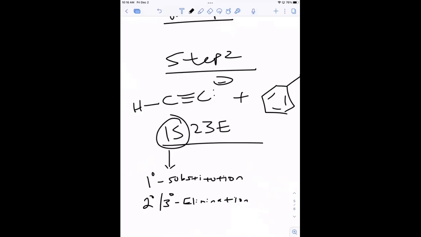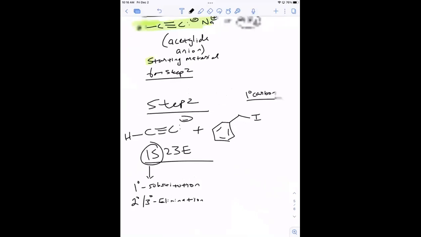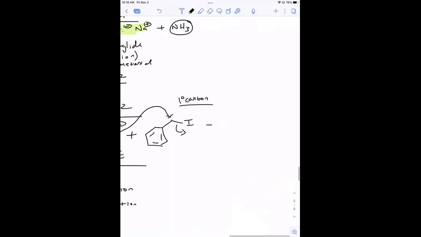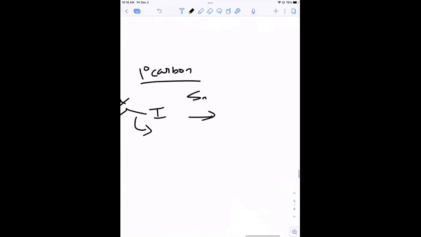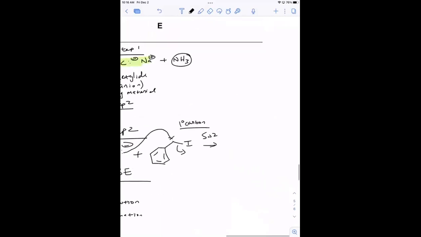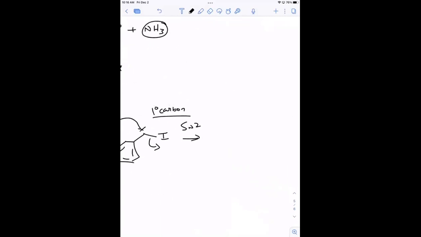All right, so in this case, I'm going to do a substitution where this is going to attack that alkyl halide, and it's going to be an SN2 type substitution. So my products are going to be this.